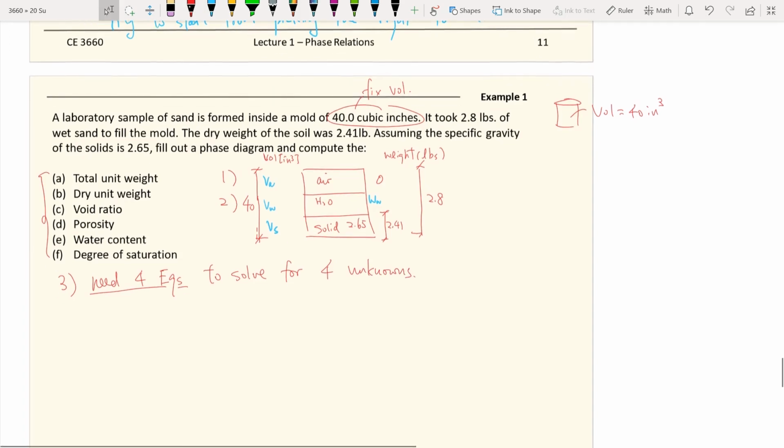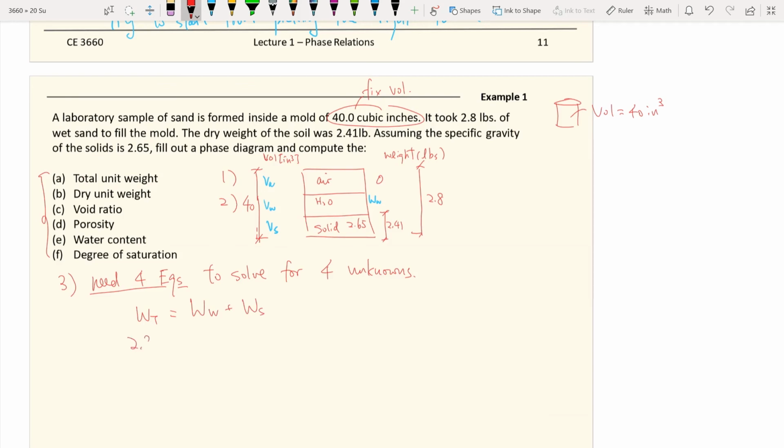Well, in fact, some of them are very obvious. You don't need to spend a lot of time thinking about how to solve for the unknown, because, for example, the weight of water is very obvious. So equation number 1 you can think of now is the total weight equals the weight of water plus the weight of solid.